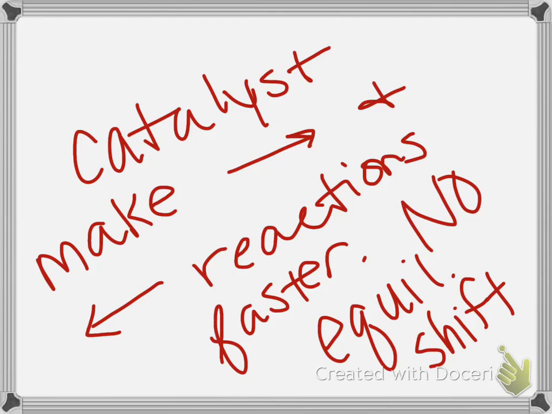If you think about a reaction that looks something like this, and then the catalyst looks like that, it lowered the activation energy for both the forward reaction and the reverse reaction. So it doesn't actually change the equilibrium, so there's no equilibrium shift, nothing to do with Le Chatelier's principle, because it makes both of them move faster and they're still at equilibrium.